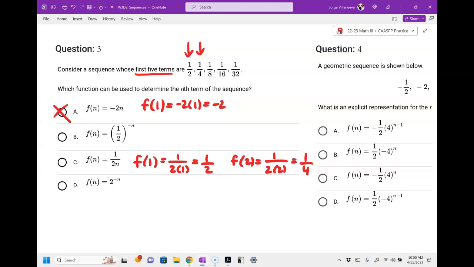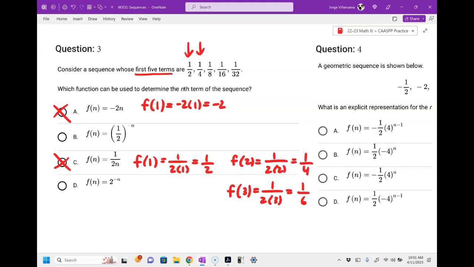Well, that's going to be, if I plug in the third one, just to kind of show you what happens here, I get 1/6. Does that match? No.